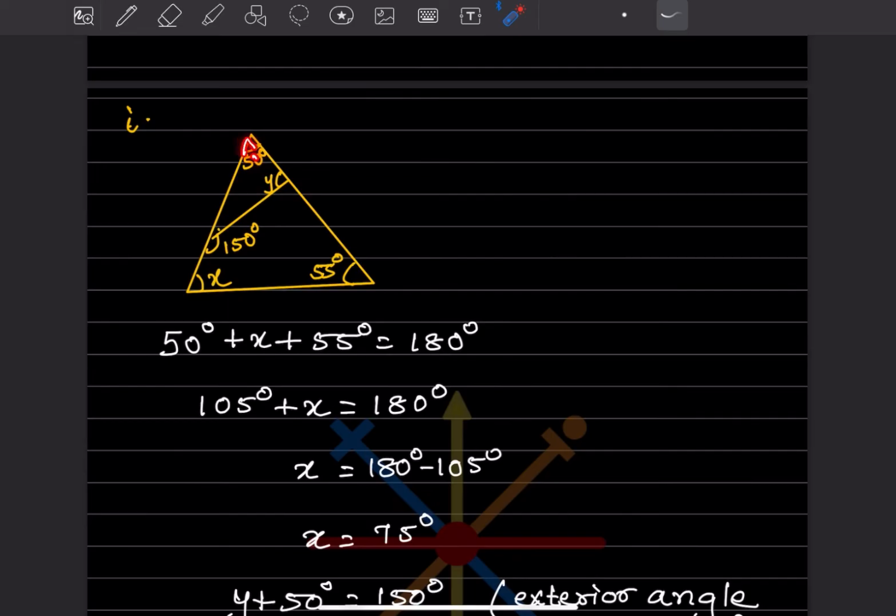Or we can take this one. Yeah, this will be better. If we take this triangle, so what we can do here, 50 plus x plus 55. So the main triangle first, because here we cannot do it, because we don't know this as well as this one. So we can go for the main triangle.